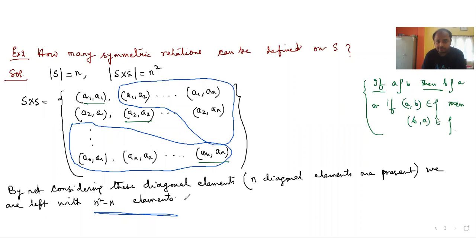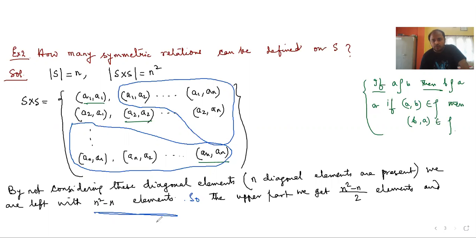So in the upper part, we get n square minus n by 2, half of the remaining number of elements are present in the upper part, and the lower part contains n square minus n by 2 elements.